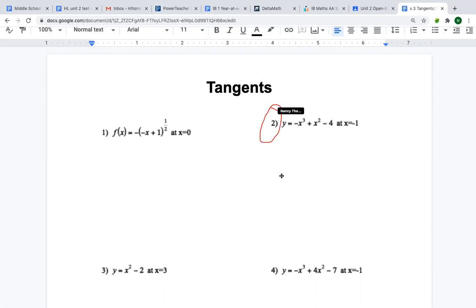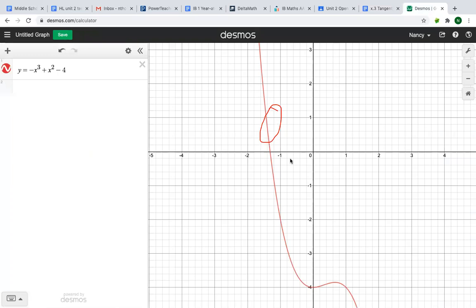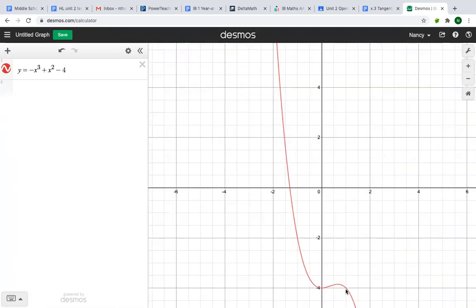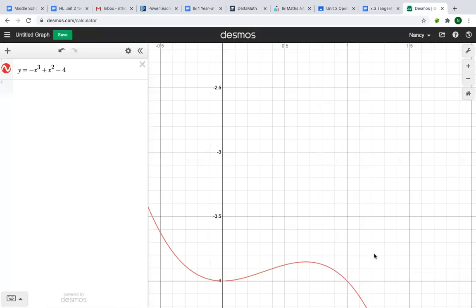If I were to graph this function and try to figure out what a tangent line looks like. So here is our function, and it's asking me what the tangent line at x equals 1 is. I'm going to try to zoom in closer, sorry. This is the value x equals 1 right here.